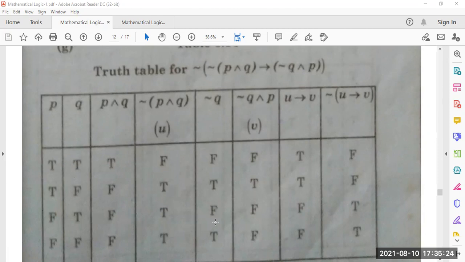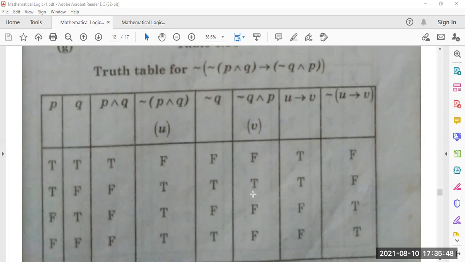Now we have to make negation Q and P. This is the negation Q and this is P. P and negation Q, we know that if both of them are true, then it is true. So TF, it is F. TT, it is T. FF, it is F. FT, it is F. So it is also constructed.